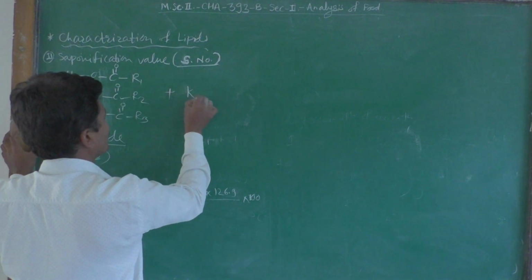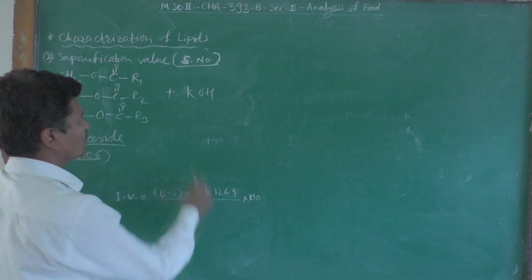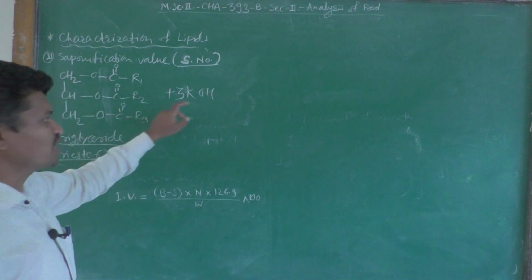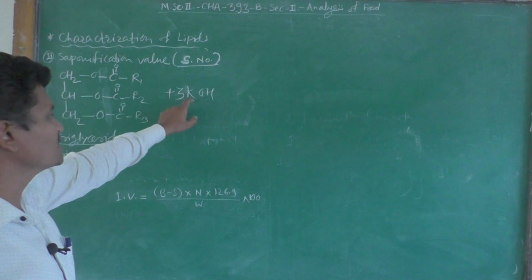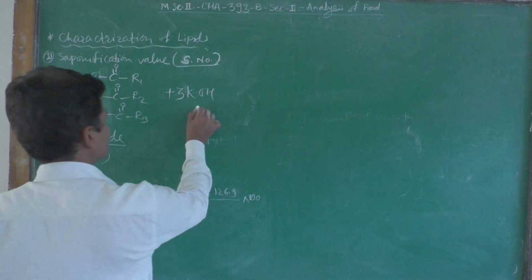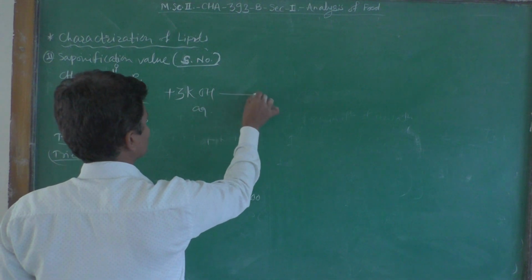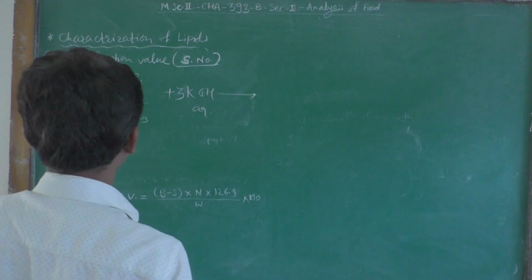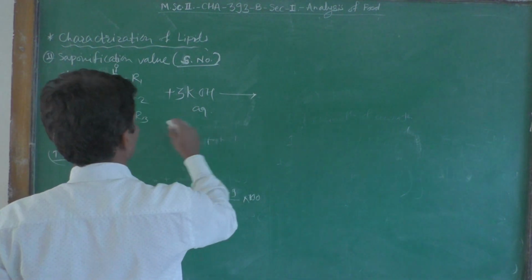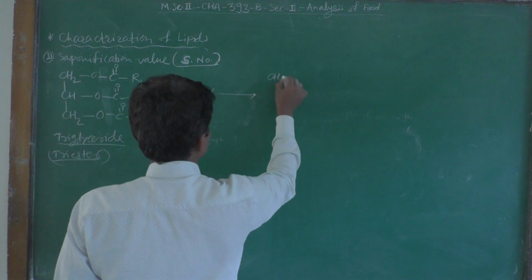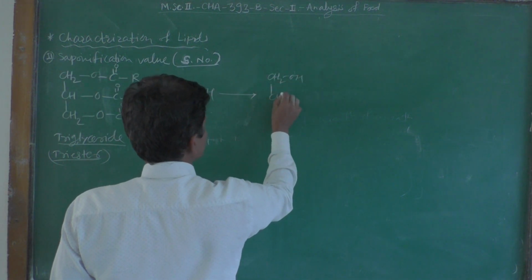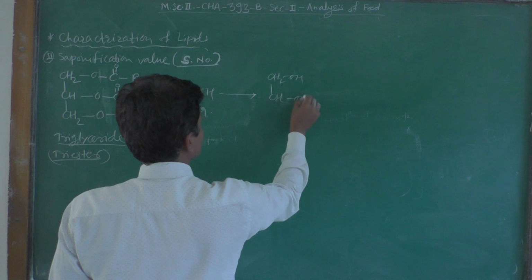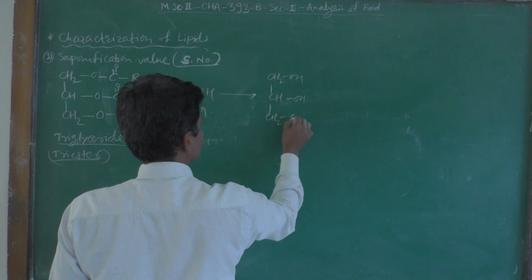hydrolyzed by using KOH, potassium hydroxide, the strong base, aqueous potassium hydroxide, it is used for the hydrolysis of this ester linkage, and hence we get CH2OH, CHOH and CH2OH.